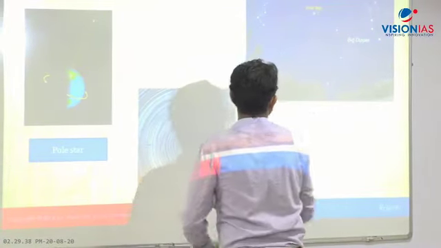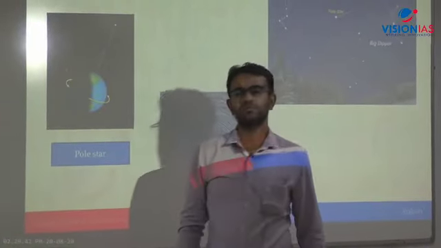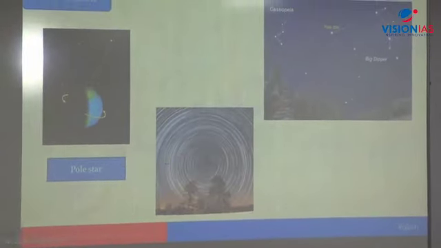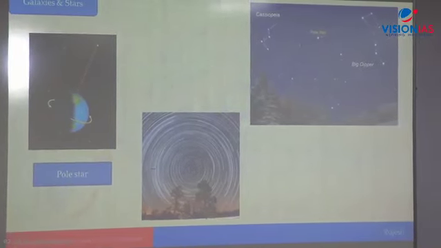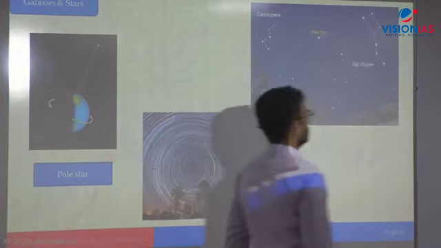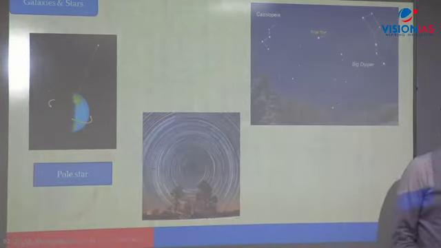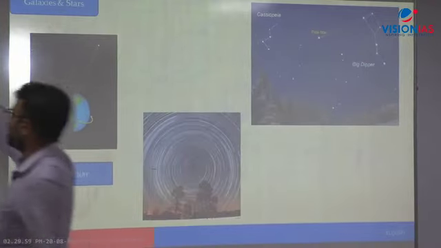Here you can see this is the Big Dipper, है ना? It is made up of 7 stars whose position is always fixed, it will not change. We also call it Saptarshi Mandal. So now we have the concept called pole star.